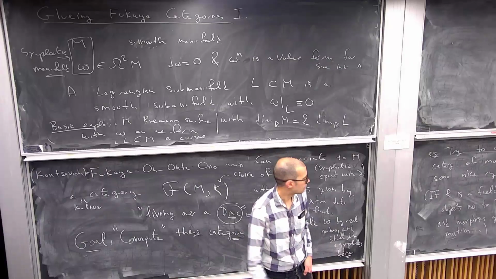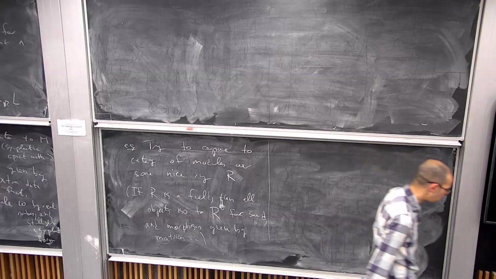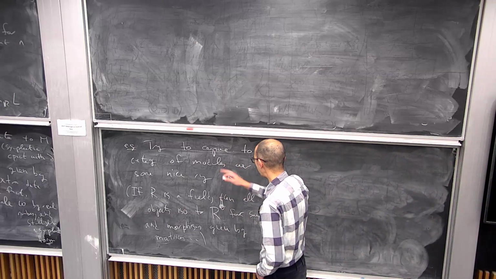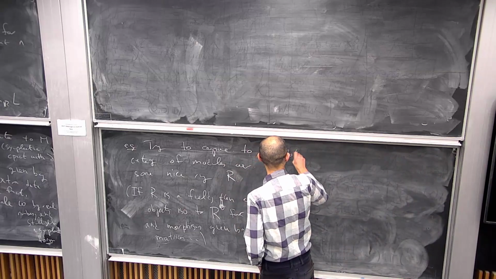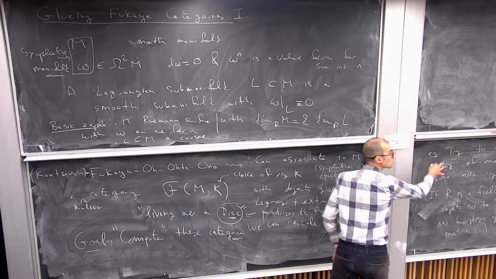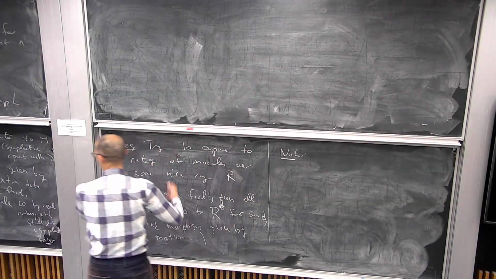You can't really hope to be able to write down the classification of all the modules and compute all the morphisms between them. But in the world of modules over rings, you can still say something. Note, in this other world, by the way, the relation between this world and that world is some kind of mirror symmetry, but just for us right now, this is just about what it would mean to compute.